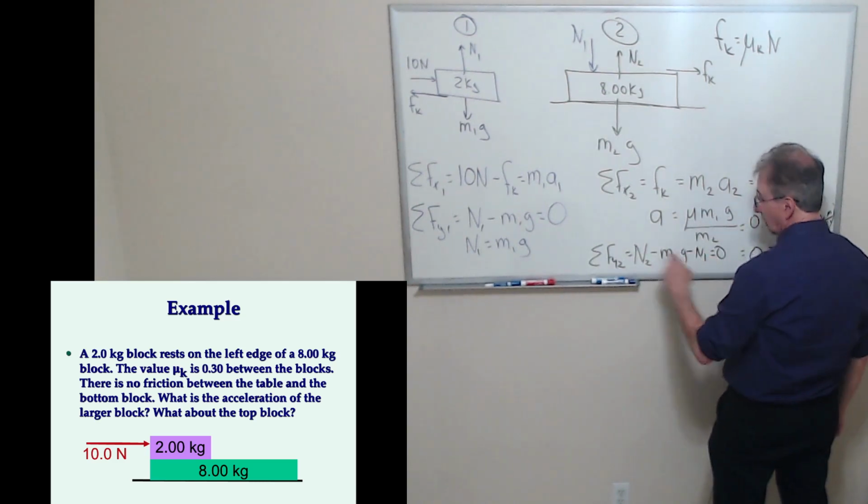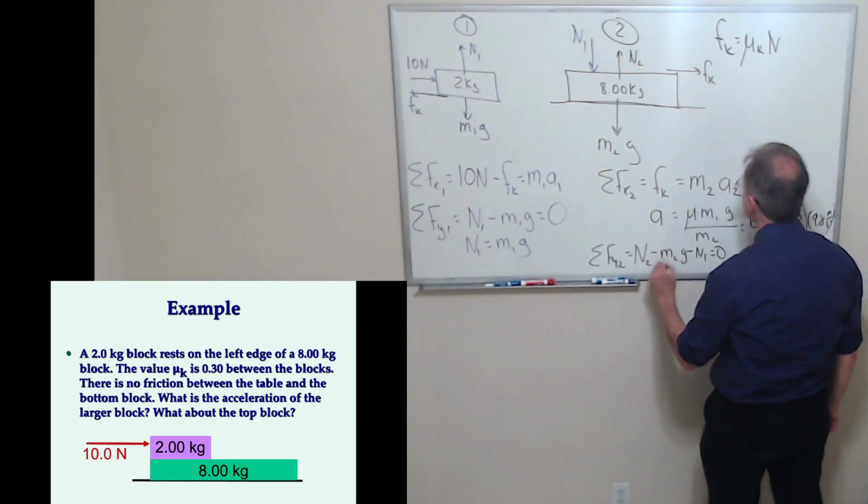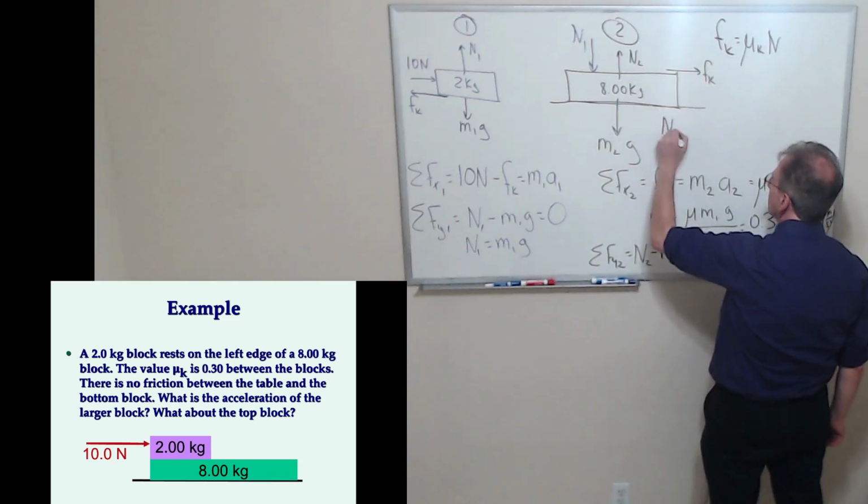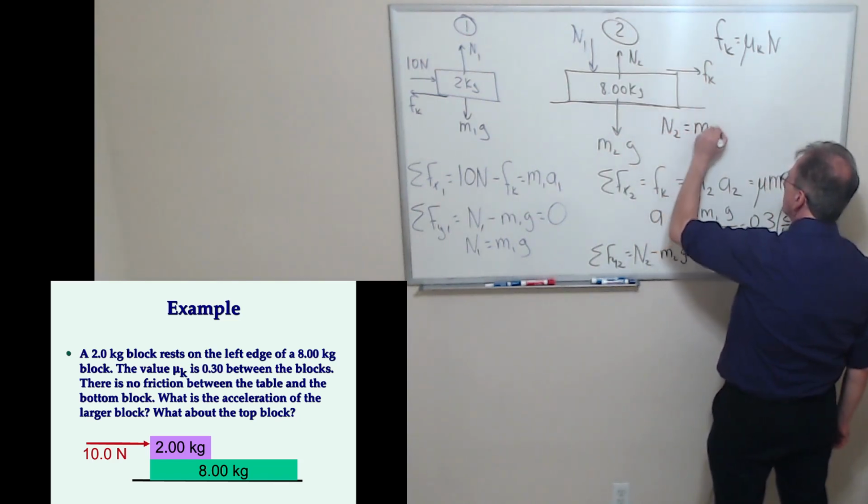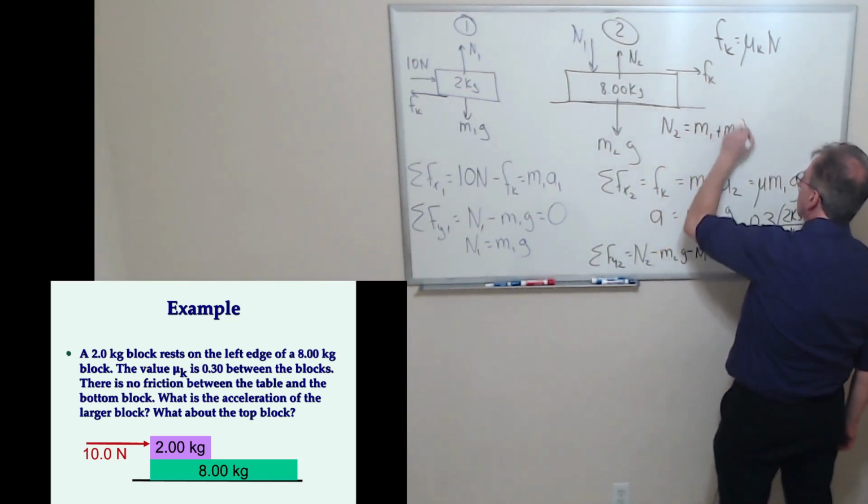And so N1 is m1g, so N2 is equal to m1 plus m2 times g.